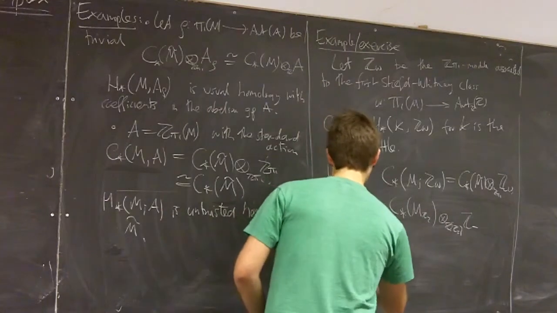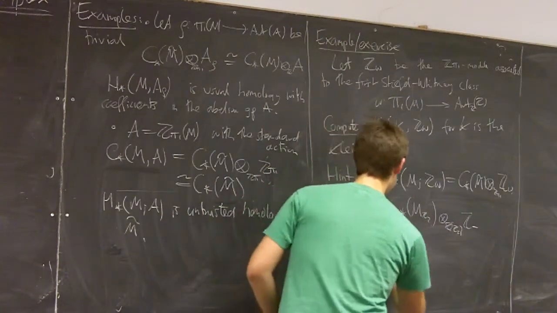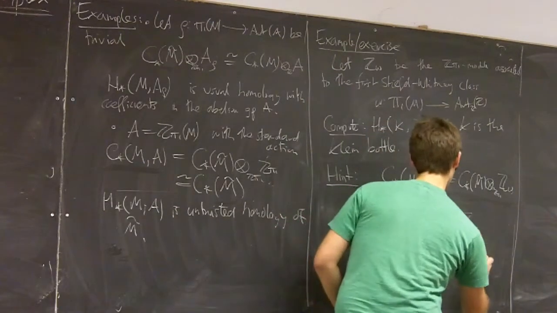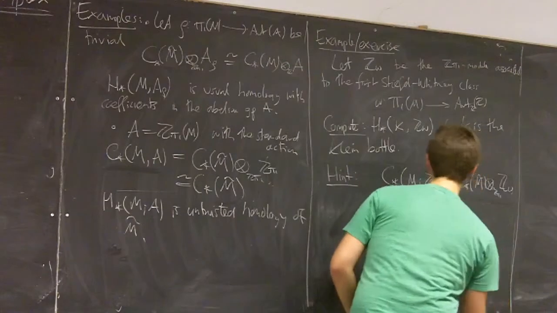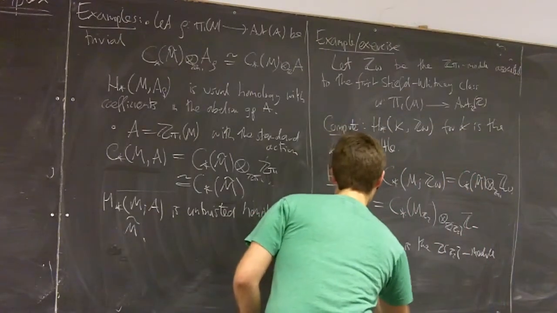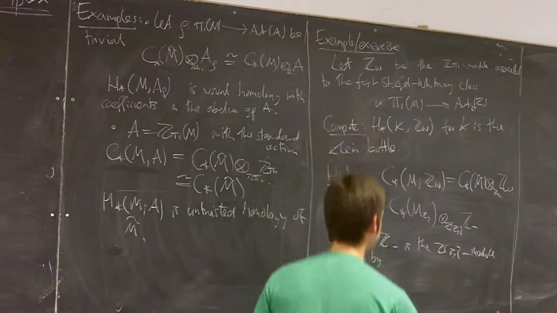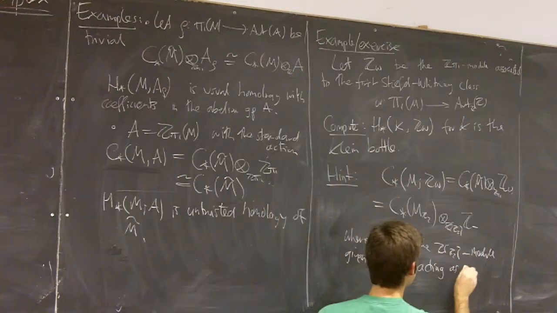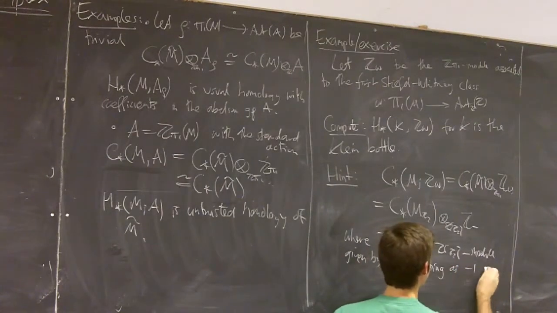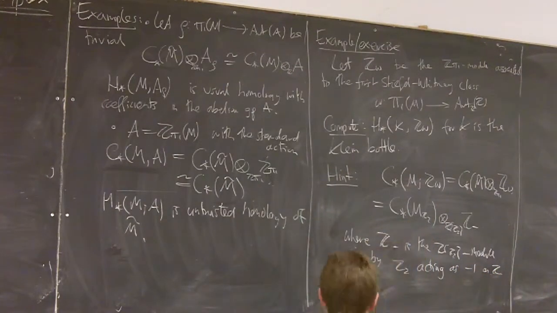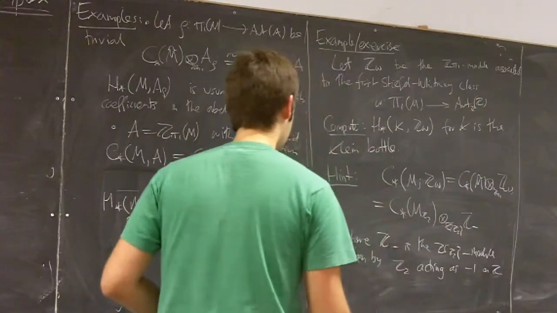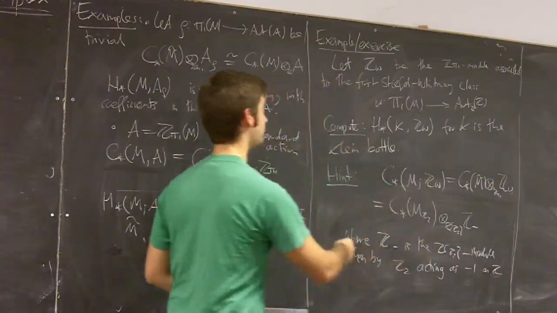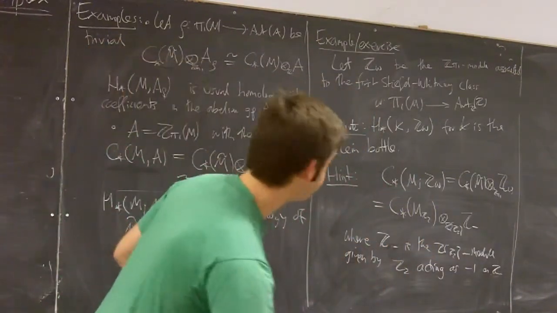This is where Z minus is the ZZ2 module given by, well, Z2 acts as minus 1 on the integers. So the exercise will be to finish this example off from there.